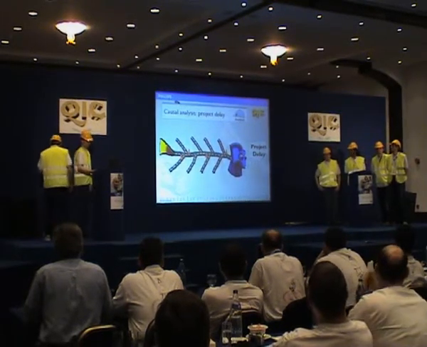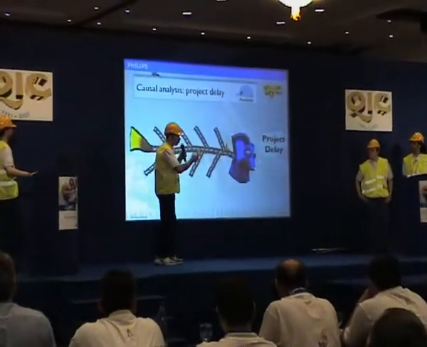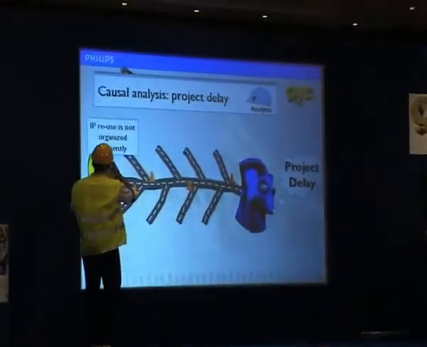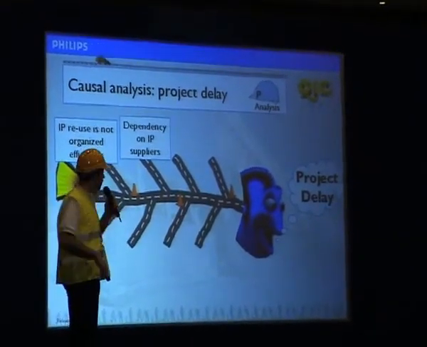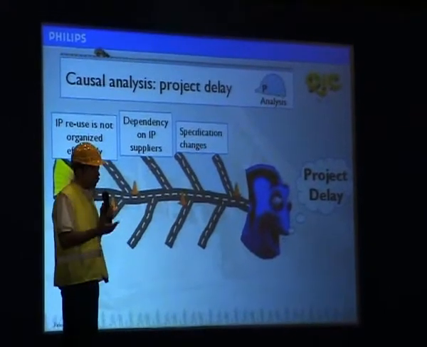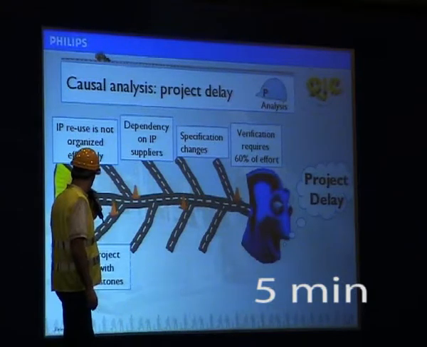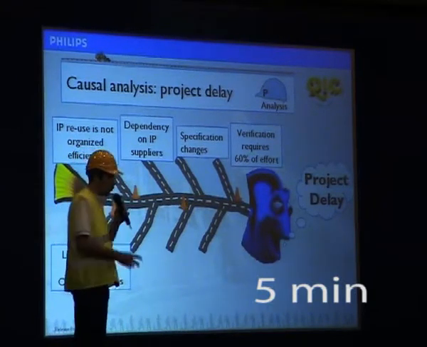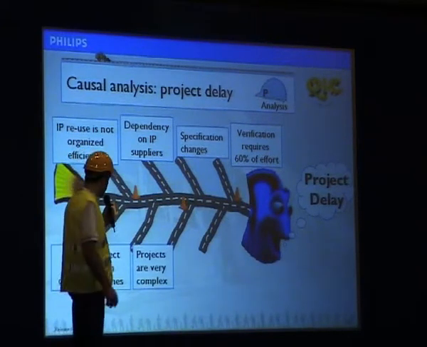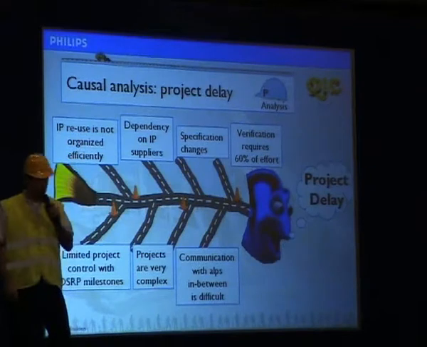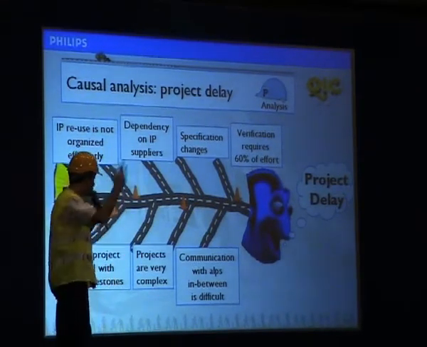So our analysis started with a causal analysis to understand what causes project delay. For instance, the IP reuse was not organized efficiently, we had dependency on IP suppliers, the specification continues to change, verification requires a lot of effort, we have limited control over OSRP milestones, and the projects are complex and it's difficult to communicate between teams spread over several sites and over big mountains.